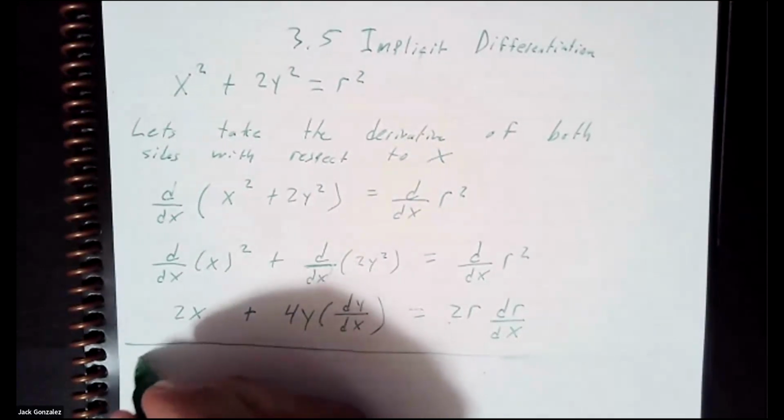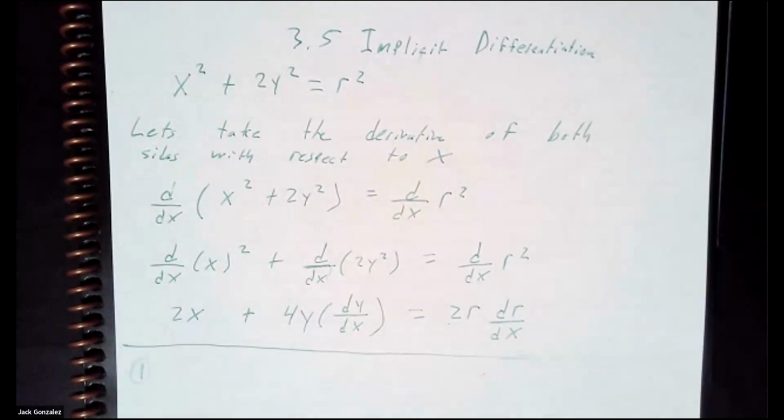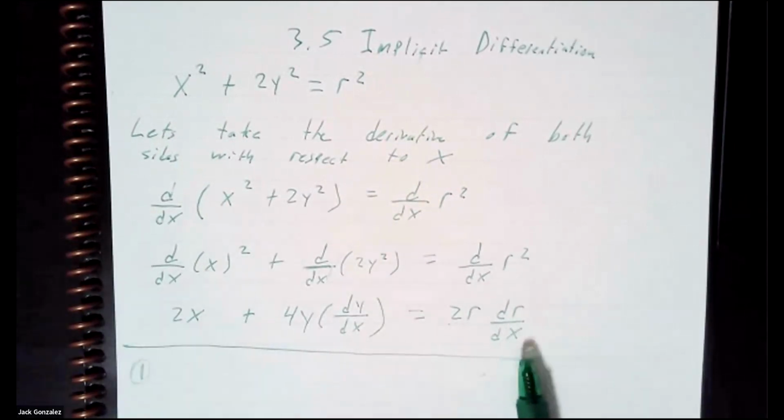Let me know. So is it always going to be a 2r dr dx? Pretty much. Just treat it like a little chain rule. So all the derivative rules you've learned, do it the same way. Just tack this on if they don't match.